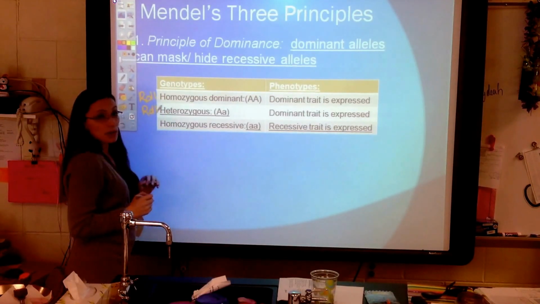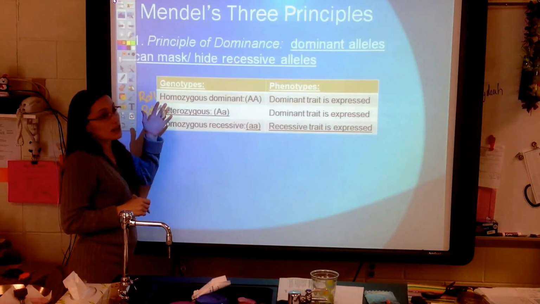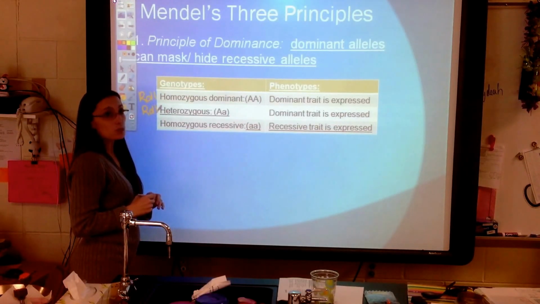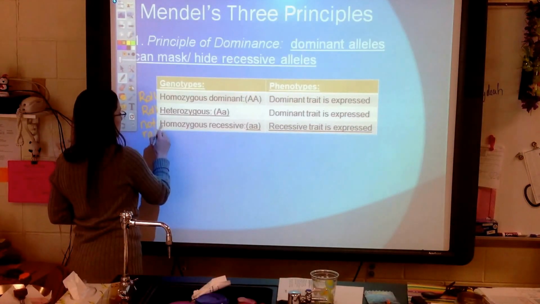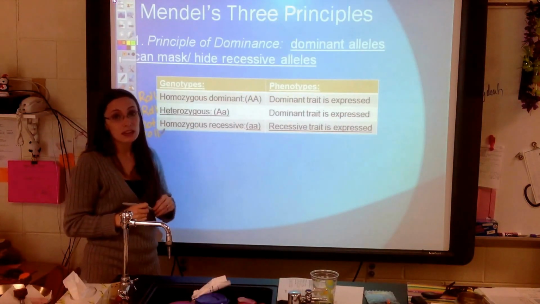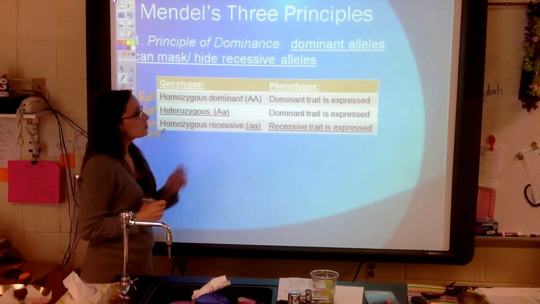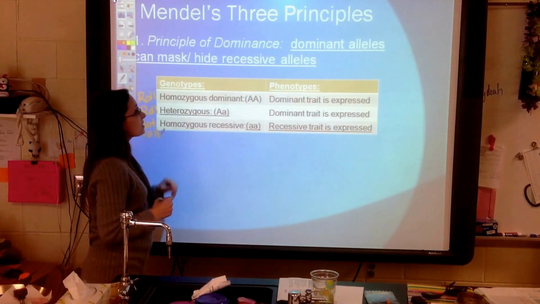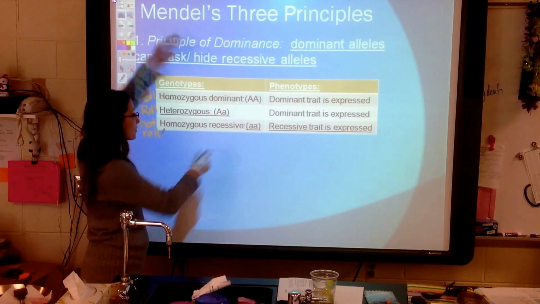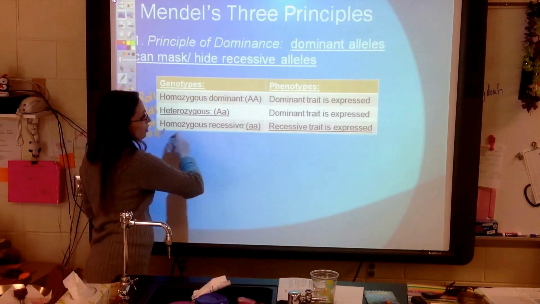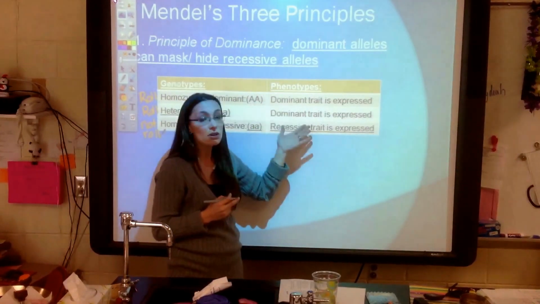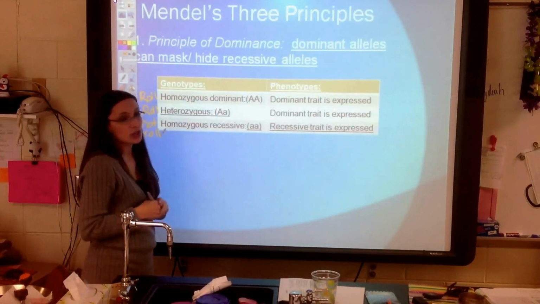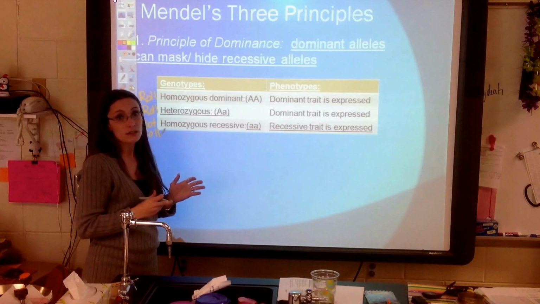If I can roll my tongue, I might be heterozygous or I might be homozygous. If I cannot roll my tongue, then I must be homozygous recessive. So what this rule is saying is that if you have the recessive appearance, then that means that your genotype is all recessive.